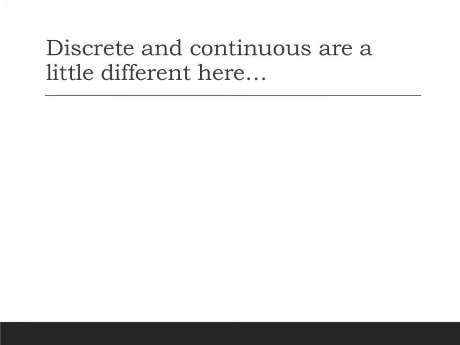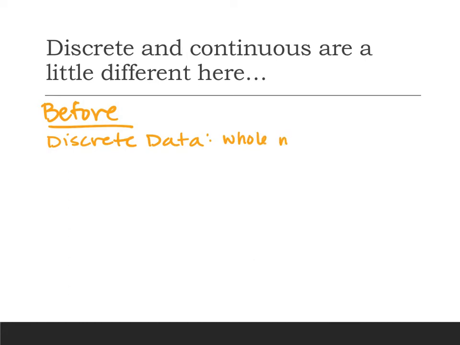I mentioned earlier that we would see discrete and continuous again, but they're going to be a little bit different. So before, when we talked about discrete data from chapter 1, we said that was data that had to be whole numbers, or we talked about how they were counts.